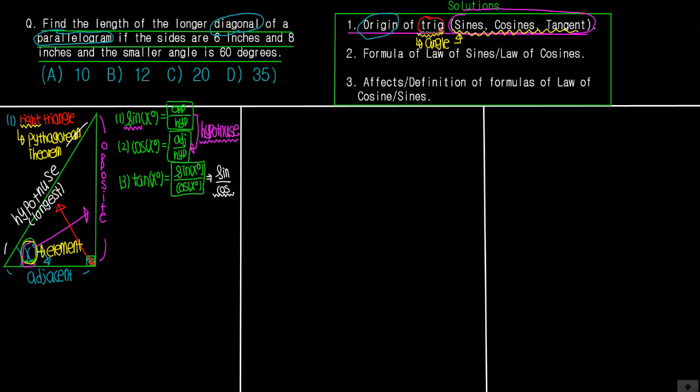So these three things that we talked about right now are what we call the trigonometric function values: sine, cosine, and tangent.